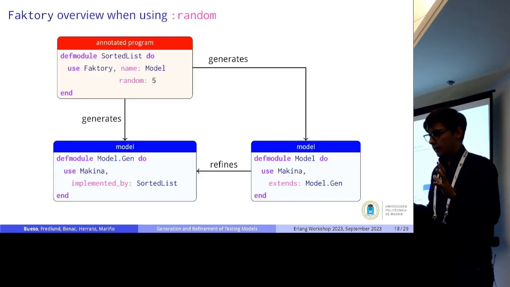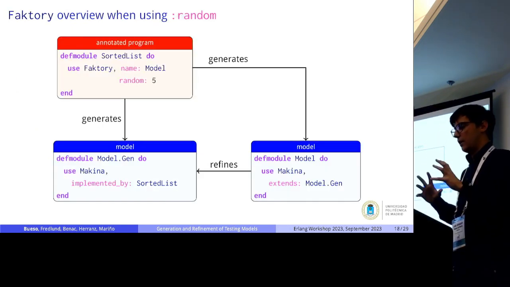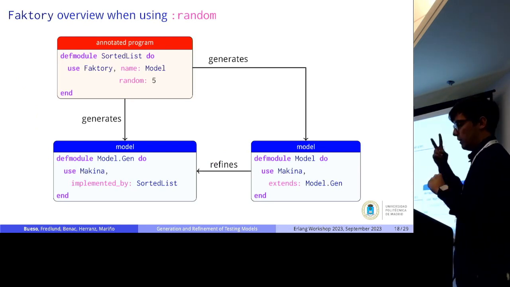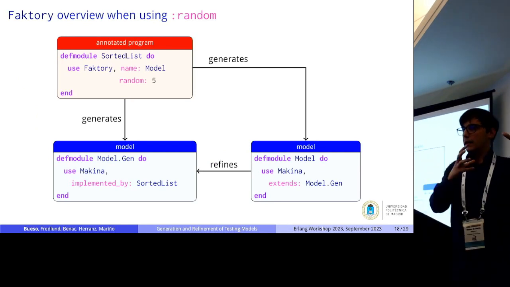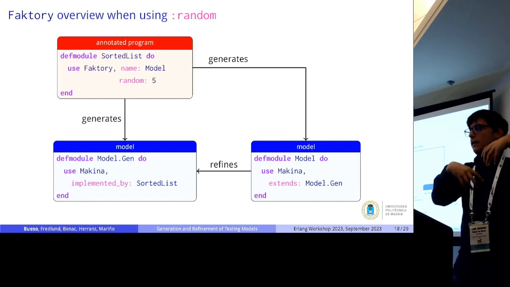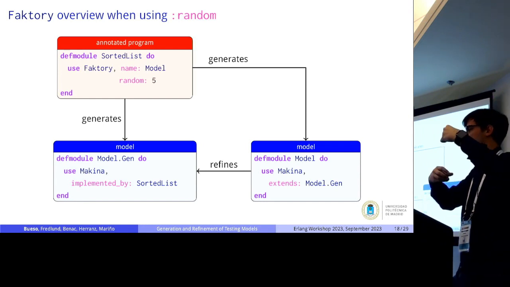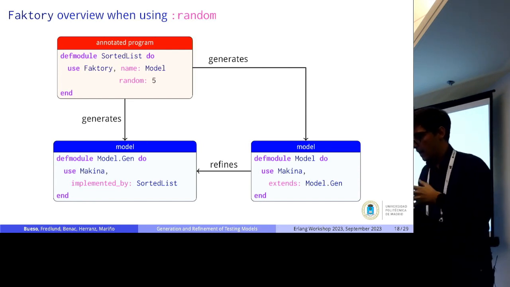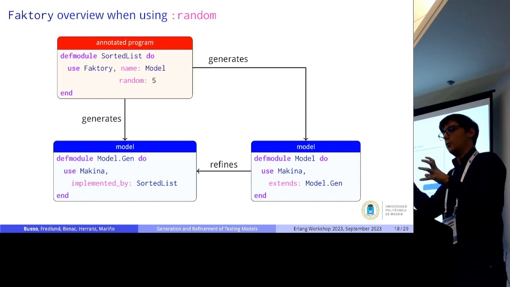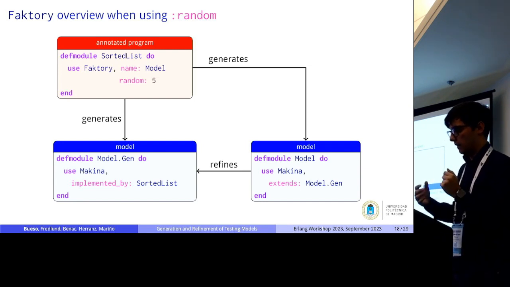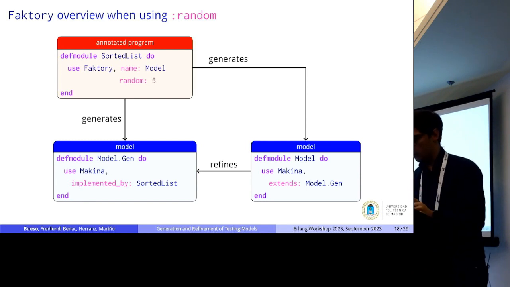Now, how Faktory works in this case is, when we annotate random, we will generate two models. The model that derives generators from the type specs, which we have seen, and another one that is going to store the previous results in the state.